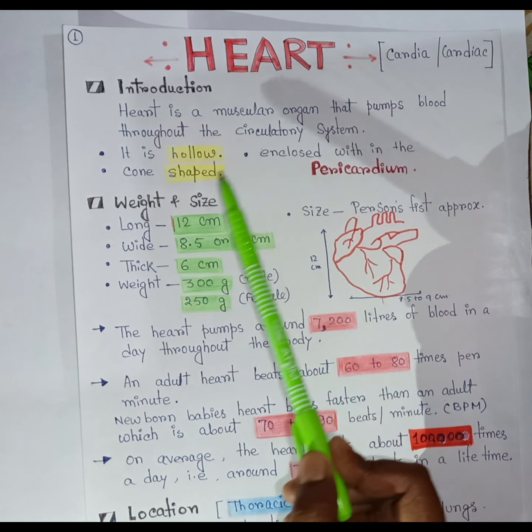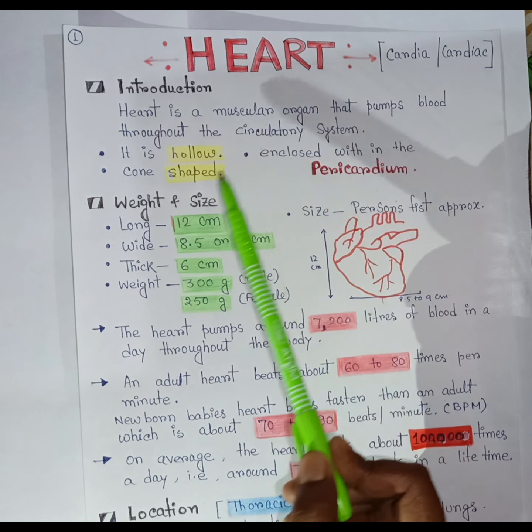Heart is divided into 2 sides. First one is right side and second one is left side. This blue side is right side and red side is left side. 2 on the top or upper chambers are called atria, and 2 lower chambers are called ventricles.